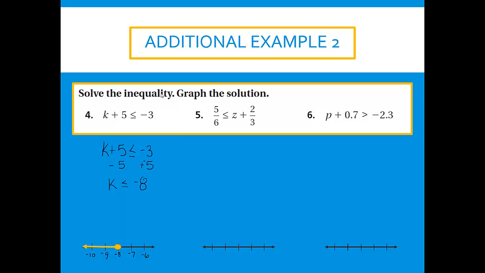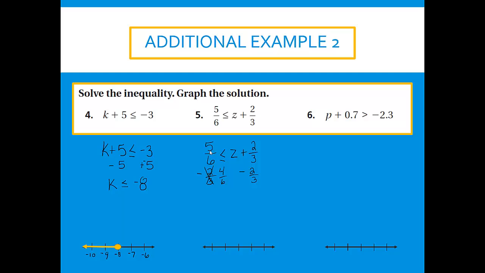Now for number 5, I have 5/6 is less than or equal to z plus 2/3. So now I'm going to undo the addition by subtracting 2/3 on each side. 5/6 minus 2/3 would be 1/6, because 2/3 is the same thing as 4/6.